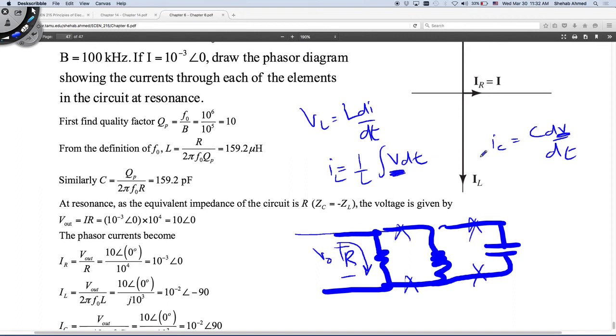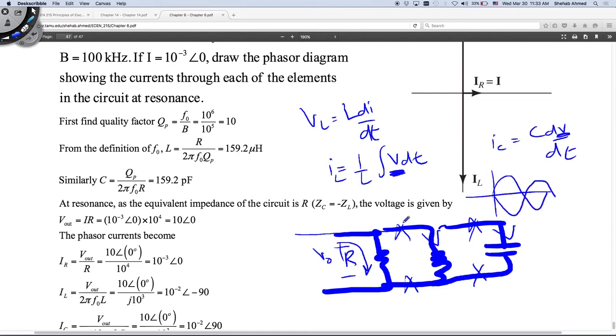I'm taking this V and differentiating it one time, and I'm taking this V and integrating it one time. So these two currents, the current in the capacitor and the current in the inductor, are 180 degrees opposite of each other. So when one is positive, the other is negative.